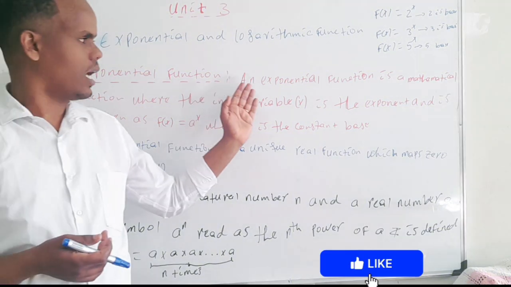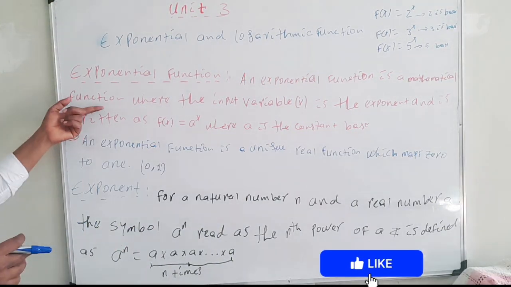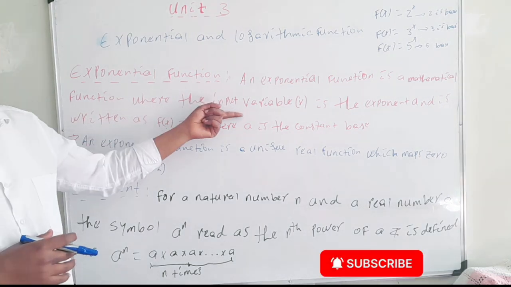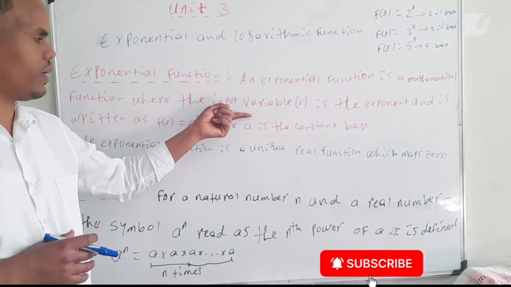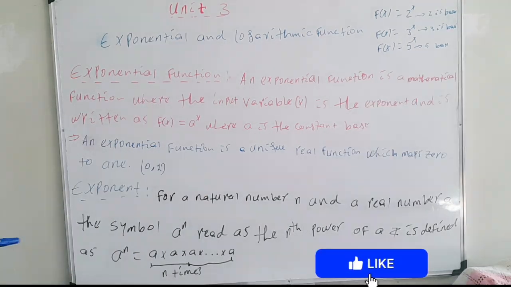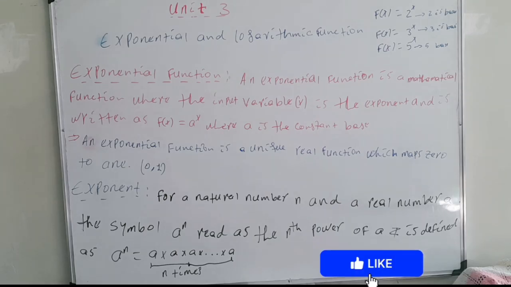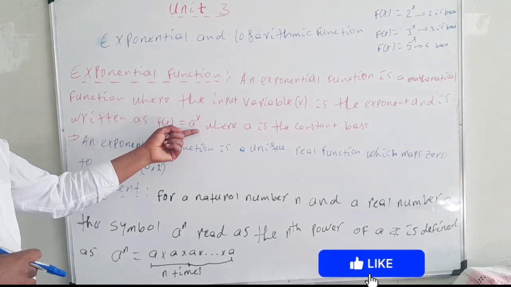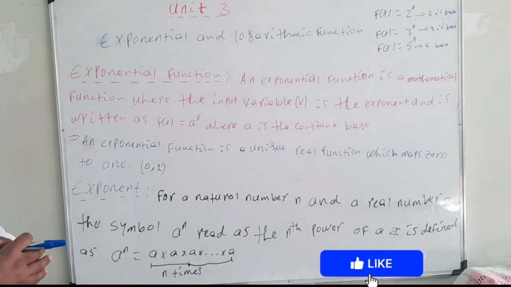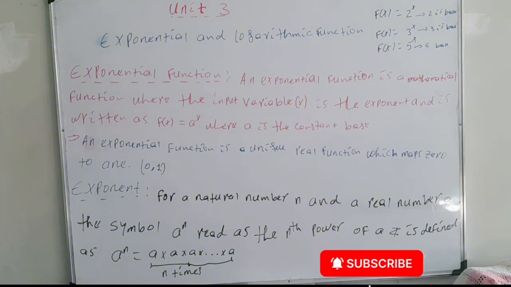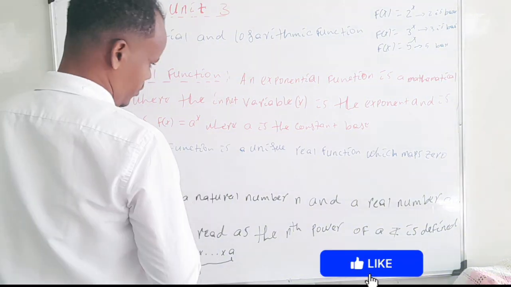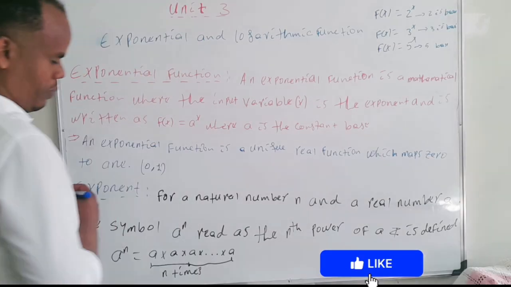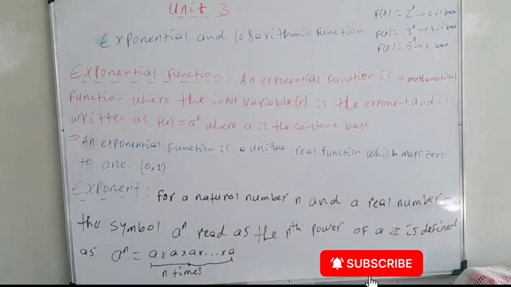An exponential function is a mathematical function where the independent variable is an exponent, and it is written as f of x equals a to the power of x, where a is the constant base.